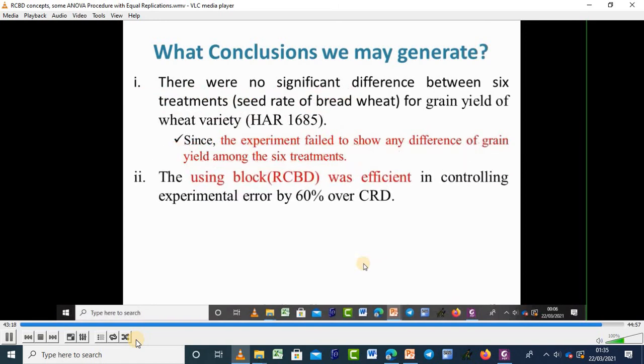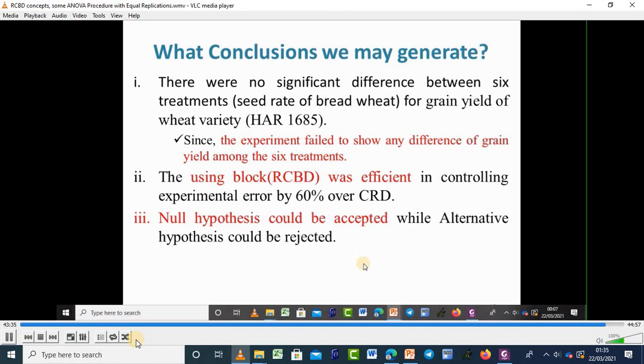And the other is that using the block in RCBD was efficient in controlling experimental error by 60% over CRD. That means using block was efficient over CRD.